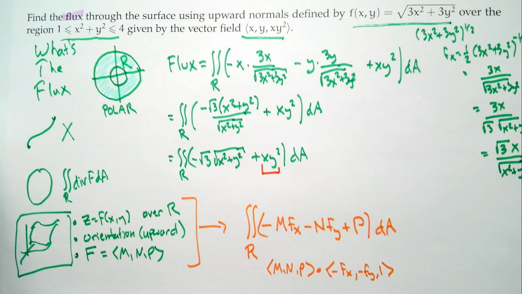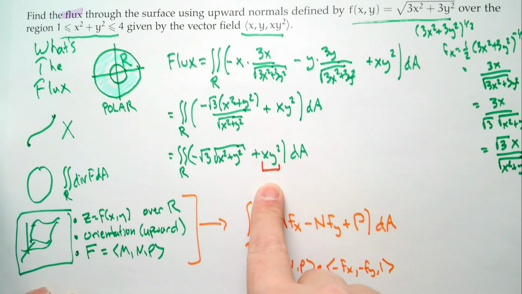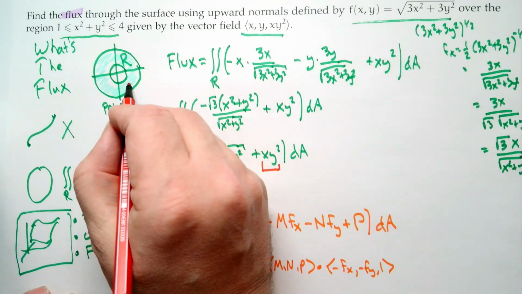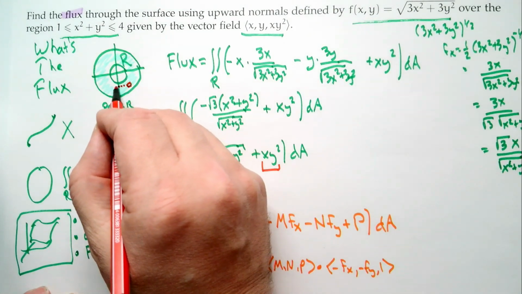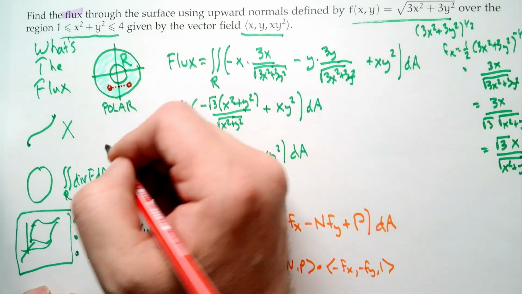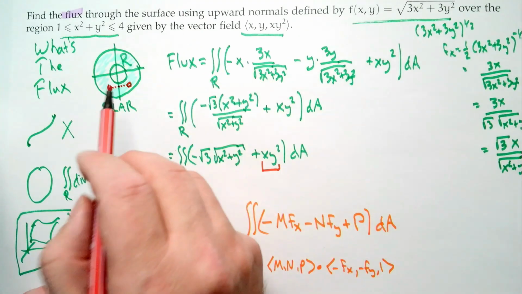Now you're probably like, what? How is that 0? Look at the shape of your region. It's symmetrical. It's highly symmetrical. Look at this function, xy squared. What happens is if I take a piece and I flip it across and compare it to a piece over there, the pieces match up.